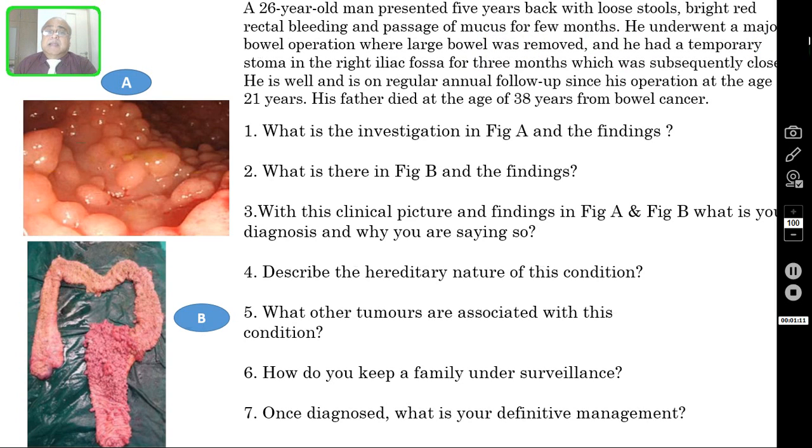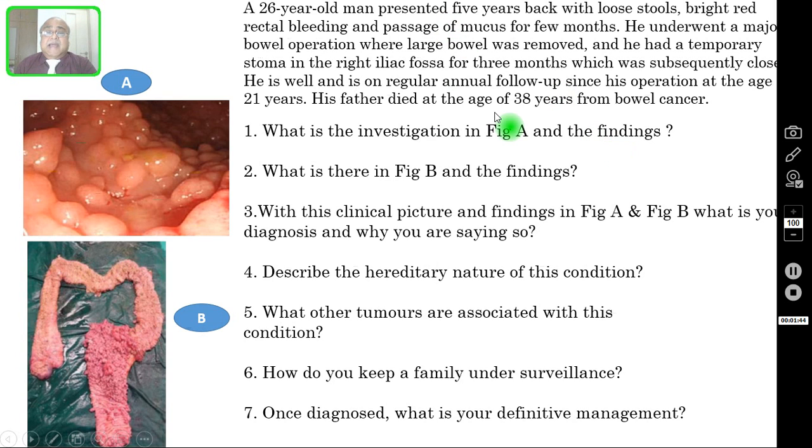He underwent a major bowel operation where the whole large bowel was removed and he had a temporary stoma in the right iliac fossa, most probably an ileostomy, for 3 months, which was subsequently closed. He is well and is on regular annual follow-up since his operation at the age of 21 years. His father died at the age of 38 years from bowel cancer.